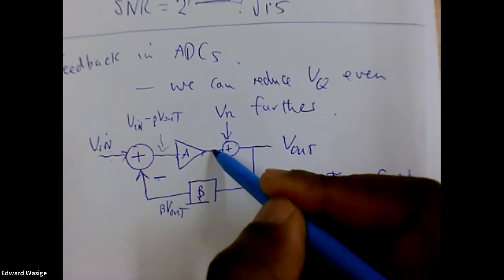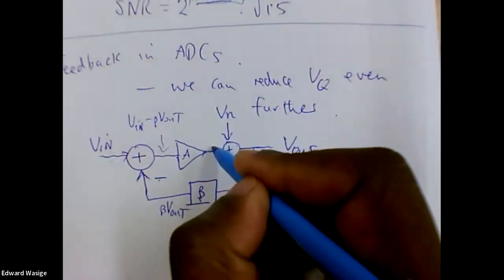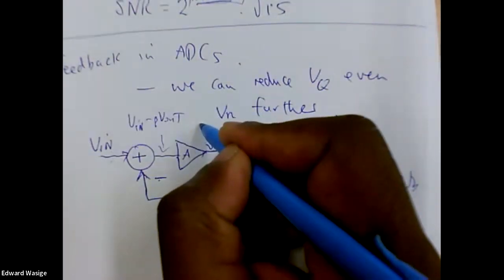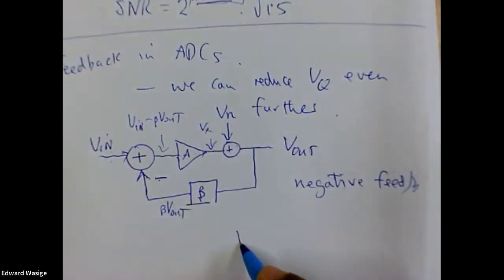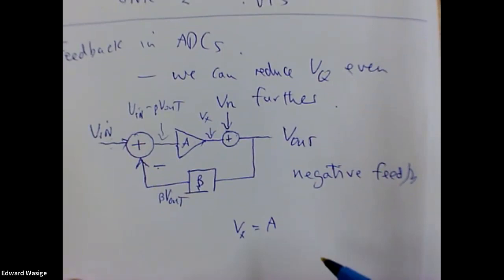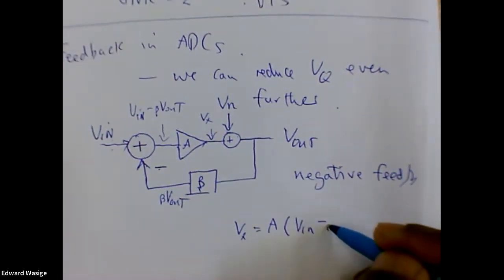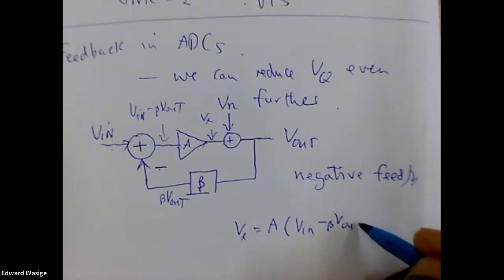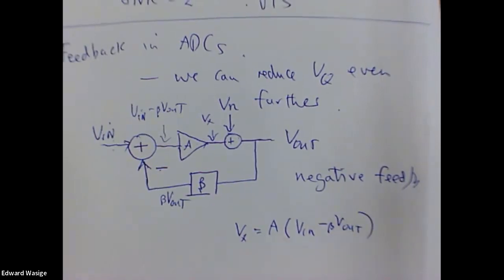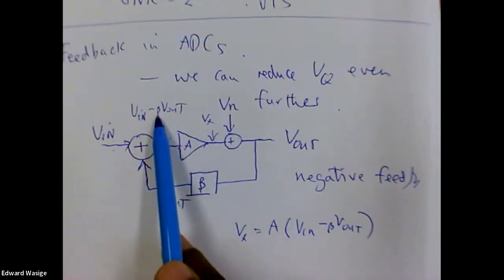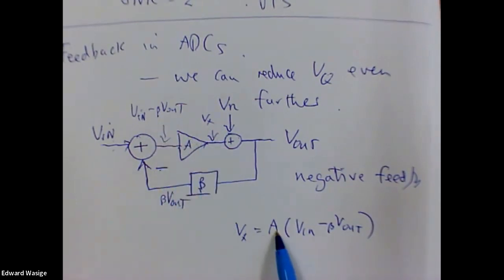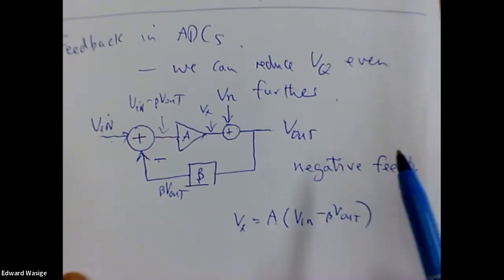And therefore the signal at this point, Vx, will be, it's an amplifier, so we have A into V in minus beta times V out. It's the input signal just amplified by factor A.